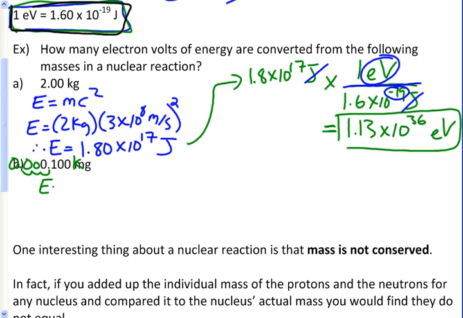So E equals mc squared is equal to 0.0001 kilograms times 3 times 10 to the 8 squared. Nope, milli actually means thousandth. Micro means millionth. Remember, micro is 6 places, milli is only 3.